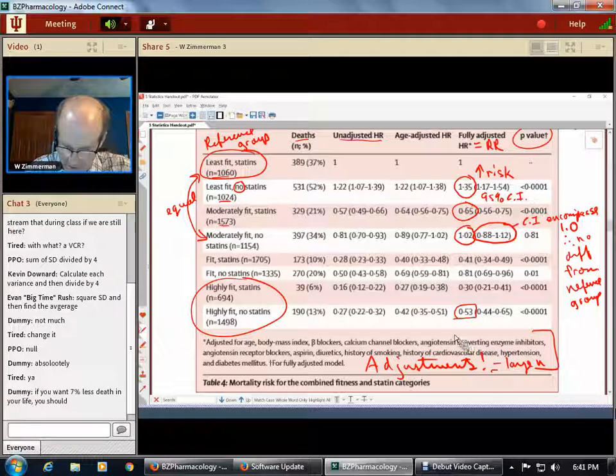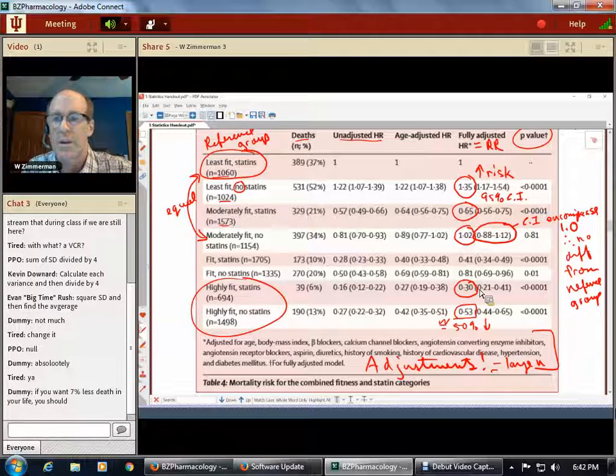That's approximately a 50% decrease in cardiovascular events just because somebody was very fit. So my question to start off with was, okay, if you're really fit, do you need a statin? Will it still be helpful? And what do we see here? It goes all the way down to 0.3.